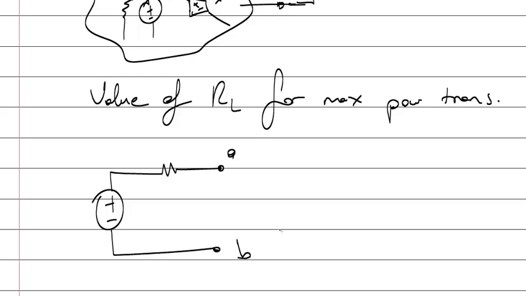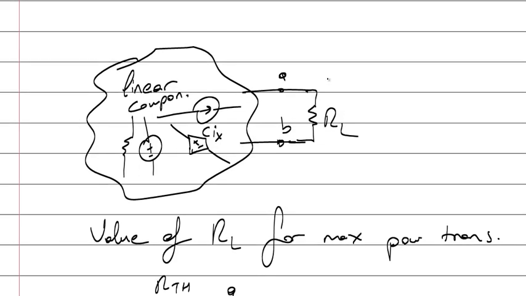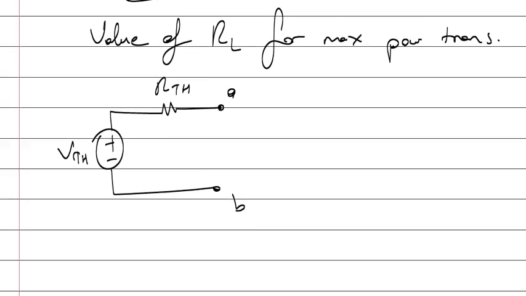This is the Thevenin equivalent of the large circuit. You exclude RL, you reject it, calculate the Thevenin equivalent of points A and B, and then insert RL again.